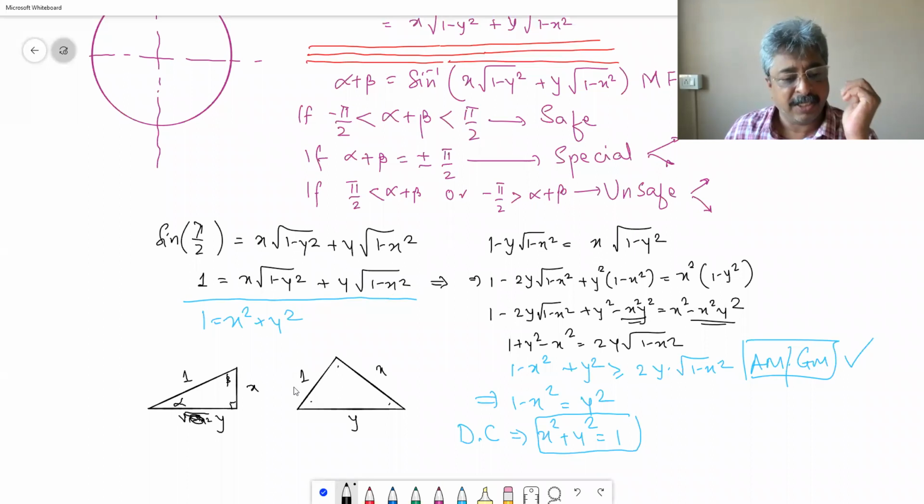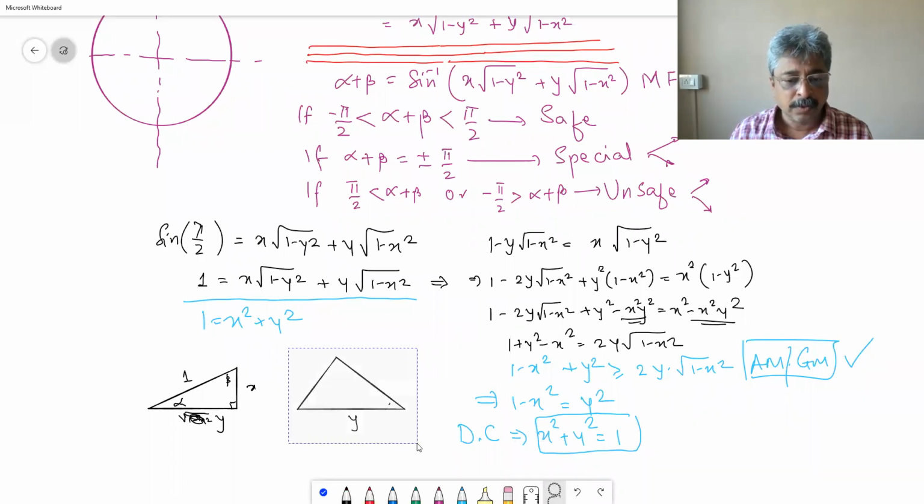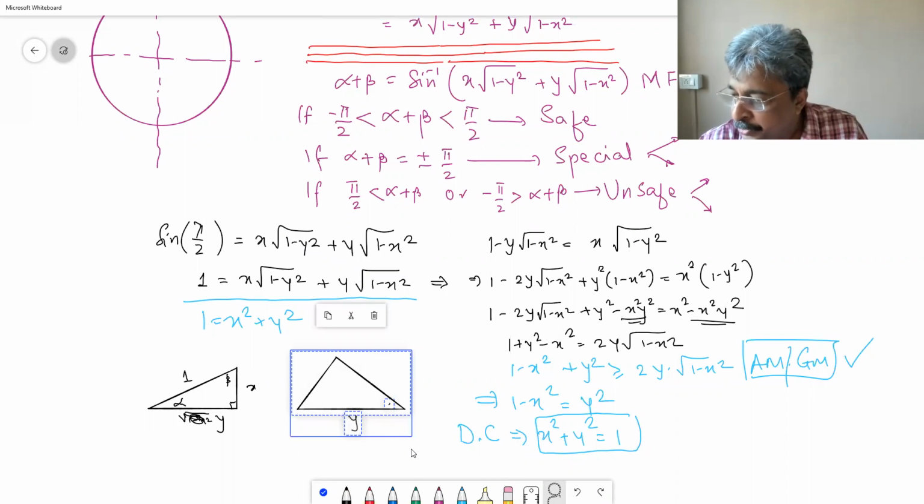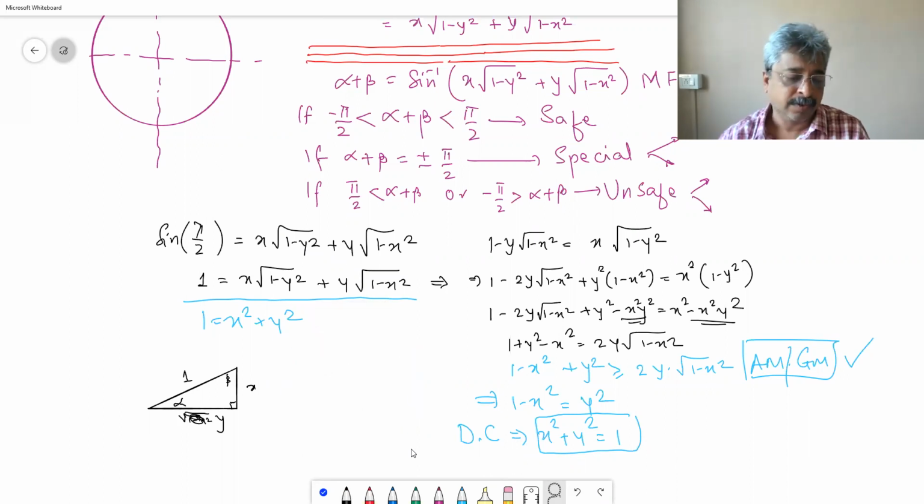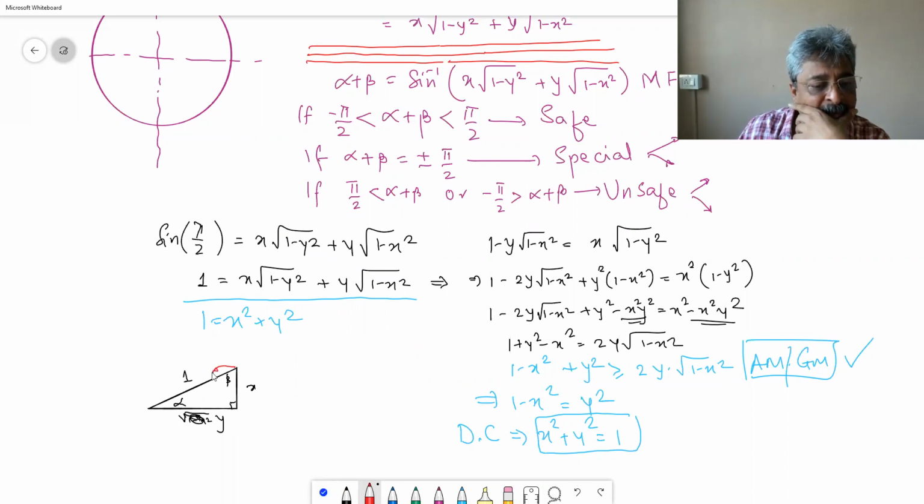Let us concentrate. Suppose I change this. Delete. Now I change this side x. I move it further here, keeping it same.